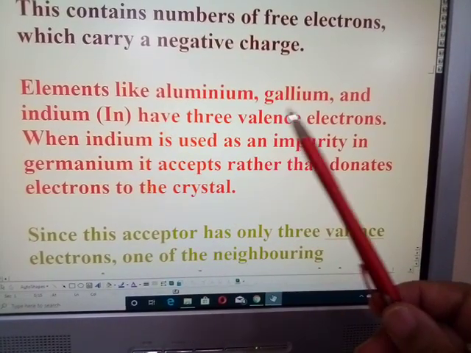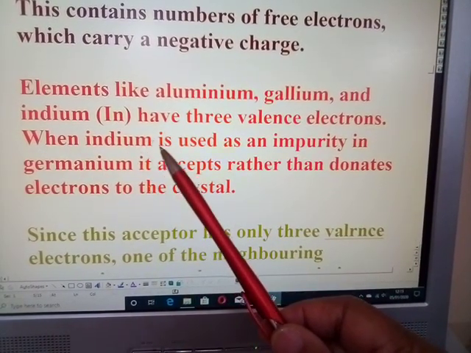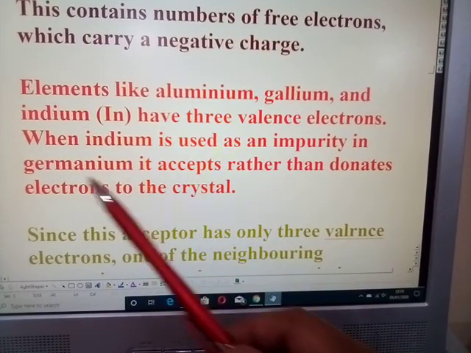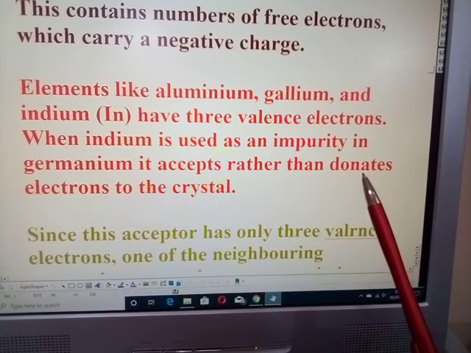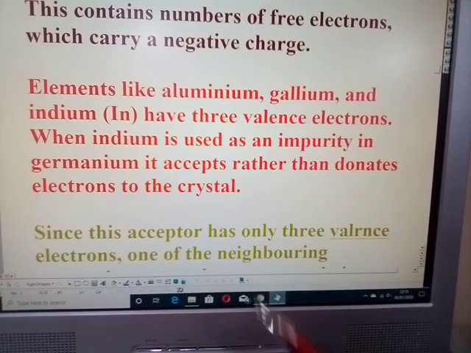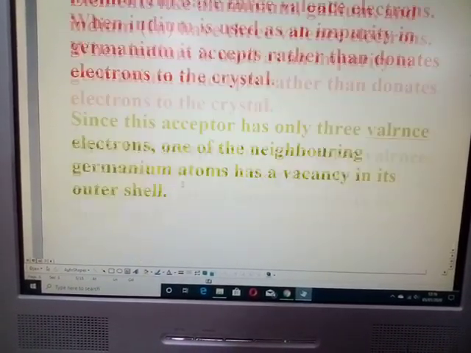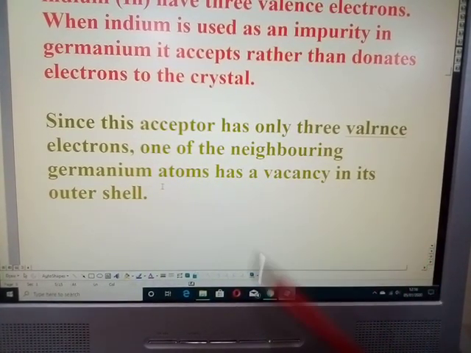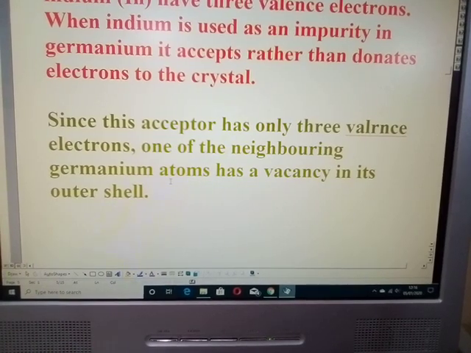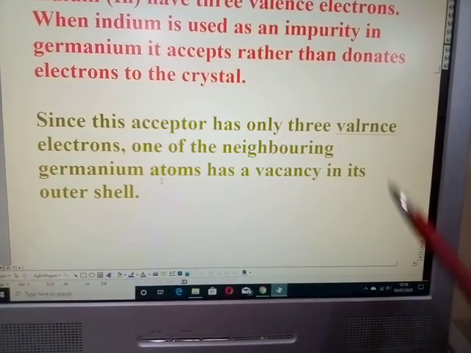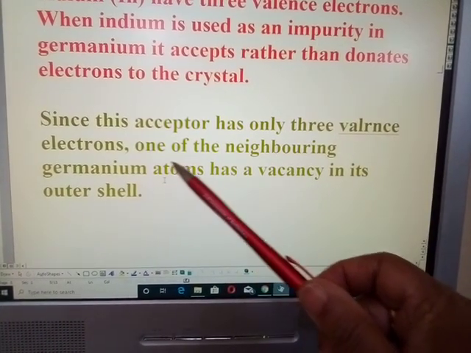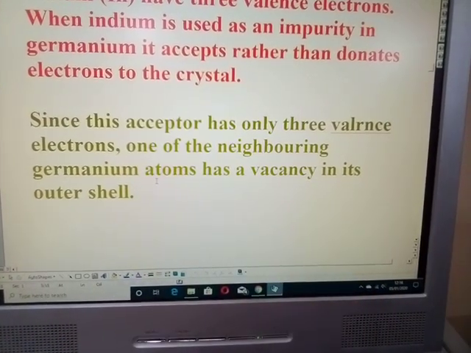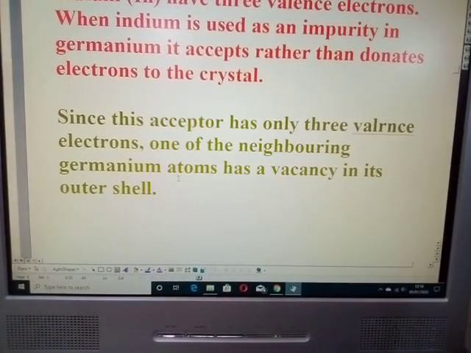Elements like aluminium, gallium, and indium have three free valence electrons. When indium is used as an impurity in germanium, it accepts rather than donates electrons to the crystal. Since this acceptor has only three valence electrons, one of the neighboring germanium atoms has a vacancy in its outer shell.